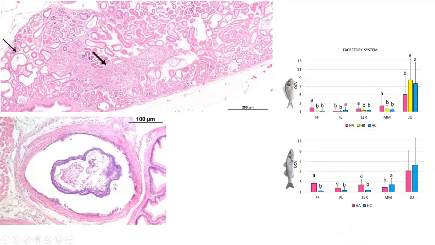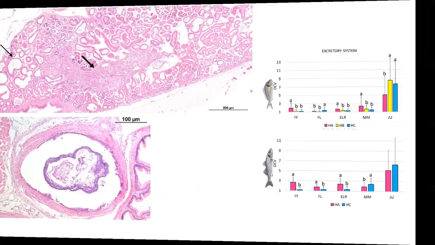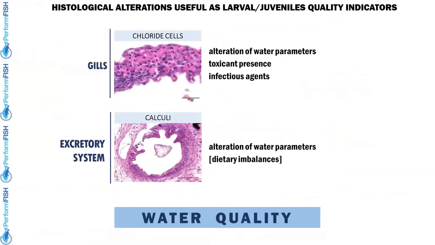In this case, we can see the tubular ectasia, some problems related to the glomeruli, and also the infiltration, another calculus in the ureter, and we can see that the OCV value exceeds 3.5, arriving near to 9, in particular for hatchery B. Okay, I am arriving at the end.